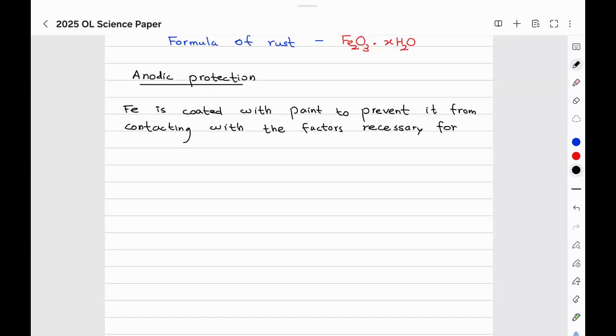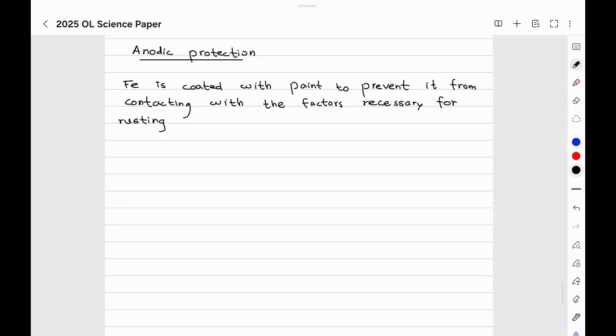So tell me, what are the factors necessary for rusting? What are the two main factors necessary for rusting, as we discussed? Anyone? What are the factors necessary for rusting?